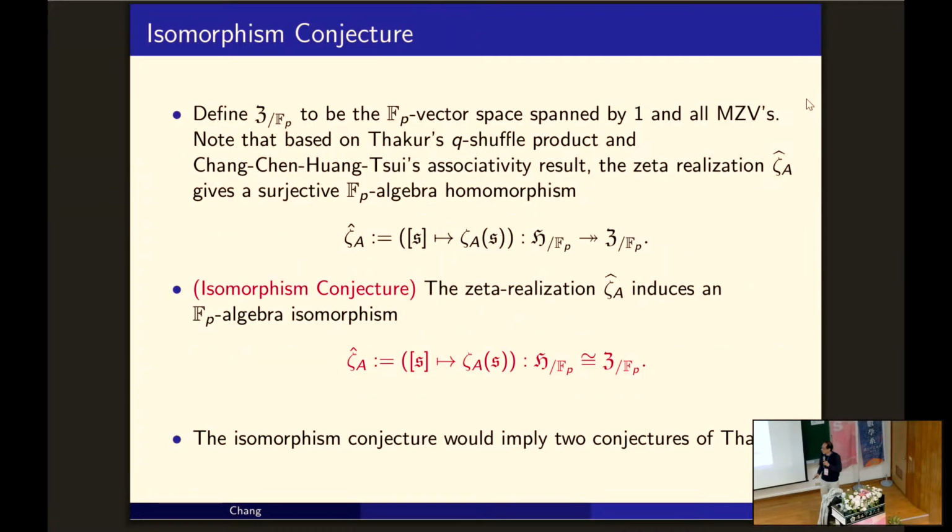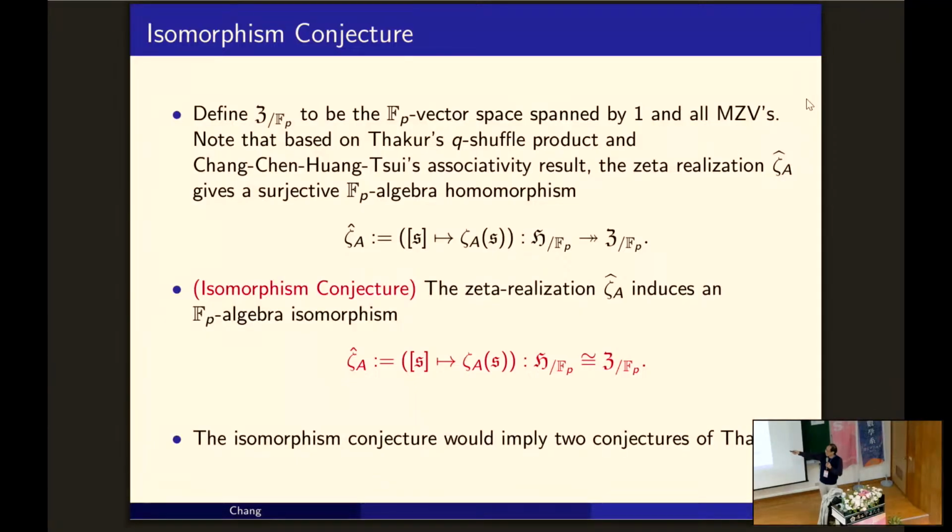So I formulate an isomorphism conjecture. Recall that Z over F_p is the F_p vector space spanned by 1 and the MZVs, and by the result of the four students, this H over F_p is a commutative and associative algebra.